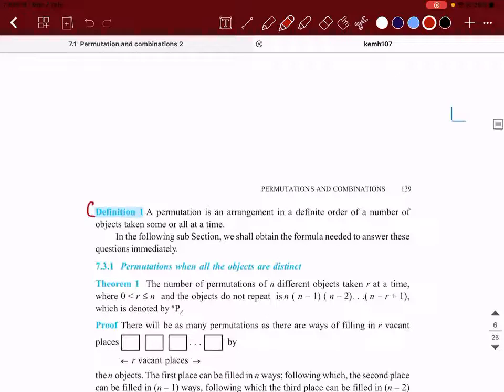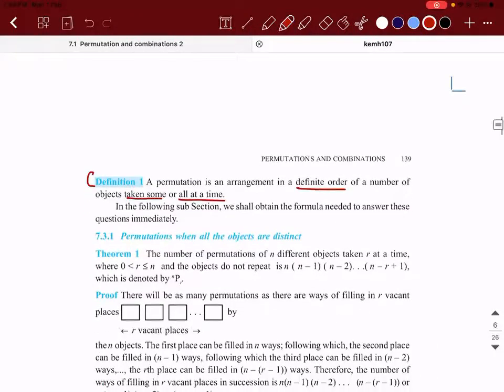A permutation is an arrangement in a definite order of a number of objects taken some or all at a time. You will have multiple objects in your hand, and using those, you might need to arrange them in a particular order. That order can either be in a linear fashion or a circular fashion. Generally, we don't have circular permutations in your syllabus. We'll go with the linear ones.